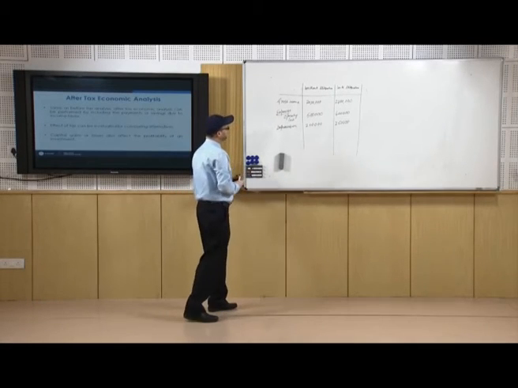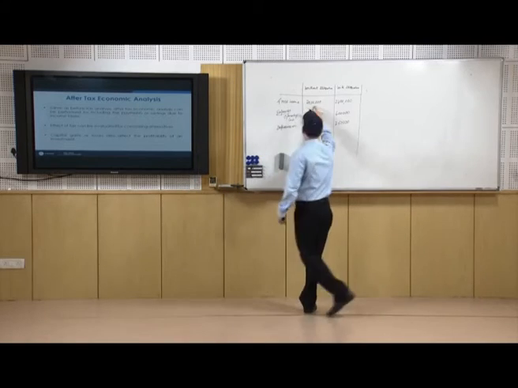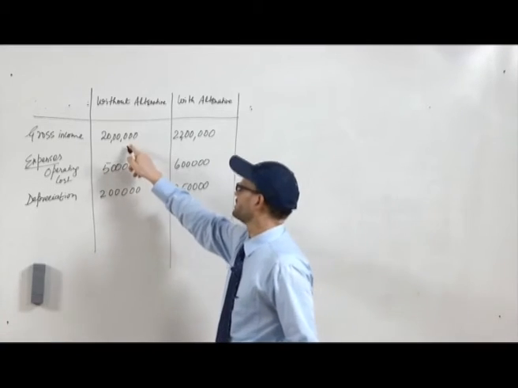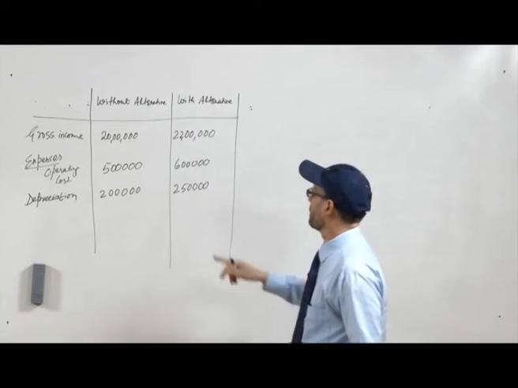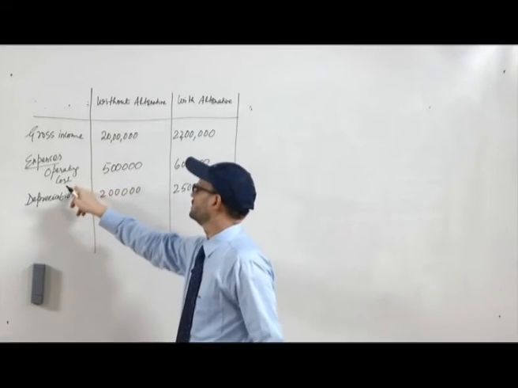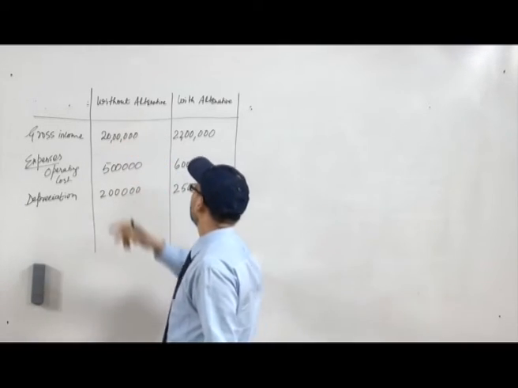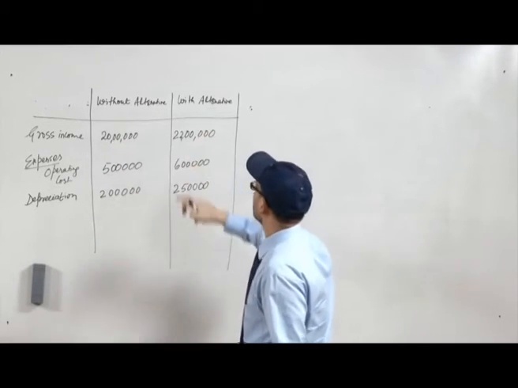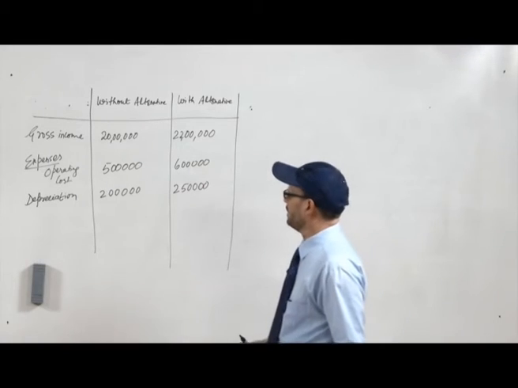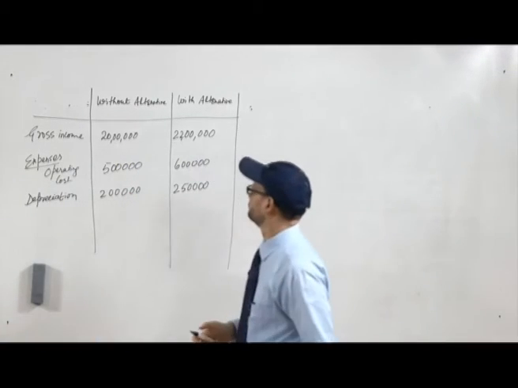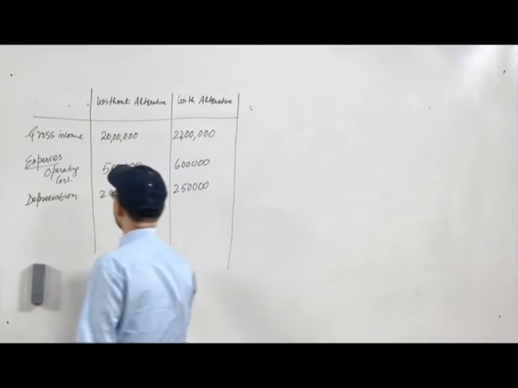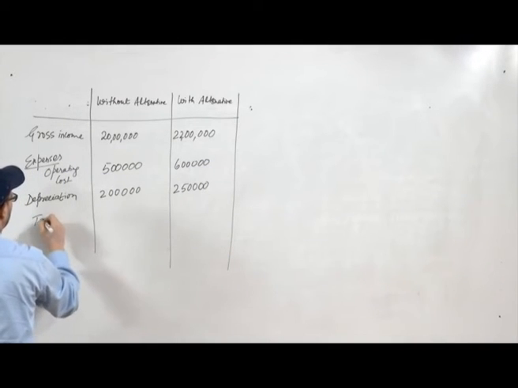So, what we see is the gross income of 20 lakhs without alternative, 22 lakhs with alternative, 5 lakh is the operating cost in the case without alternative and 6 lakh is the operating cost with alternative. Depreciation is 2 lakh here and 2.5 lakhs. So, what we see is the change in the taxable income.